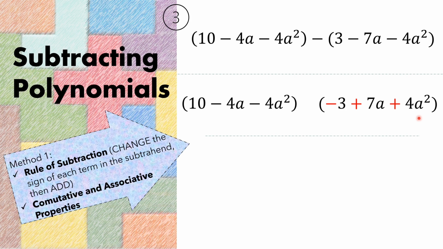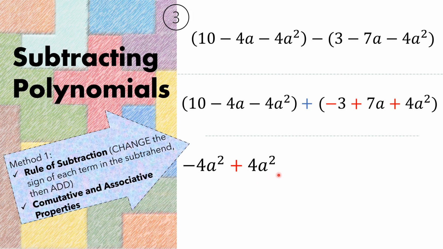then add. Then applying commutative and associative properties to combine like terms, you have negative 4a squared plus 4a squared, and then, what's next? I choose to simplify or combine like terms starting with the leading term.